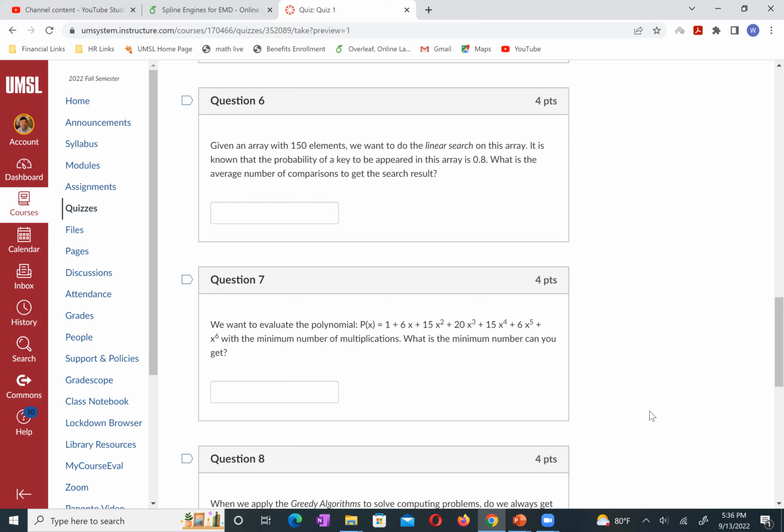The second thing, one situation I had before: some students, after they plug the numbers into that formula, get an answer. But when they type the final answer in that small blank area, they drop the fraction because they feel the number of comparisons should be an integer.